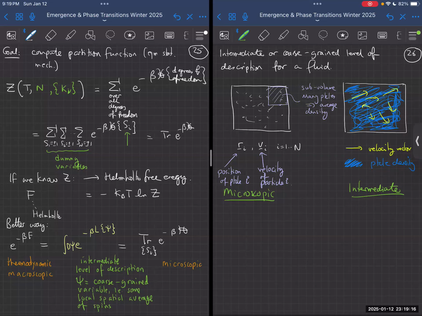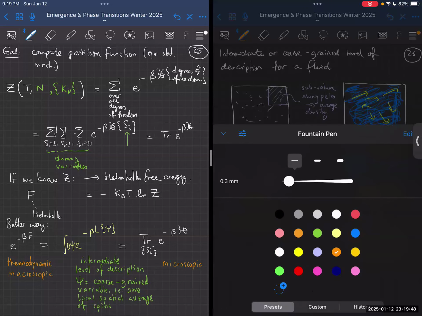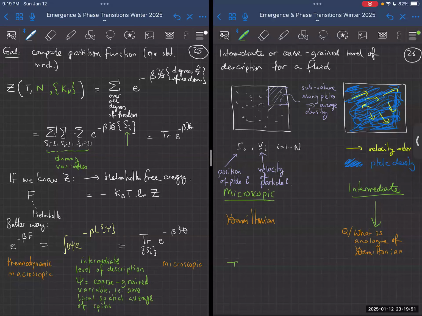And so what that means is that at this level of description, you can ask, well, over here, what is the analog of the Hamiltonian? And another thing you can ask is, if we have this, what is the analog of the trace operation?